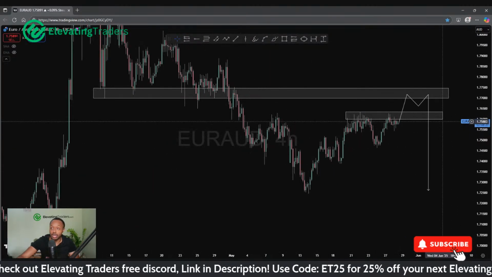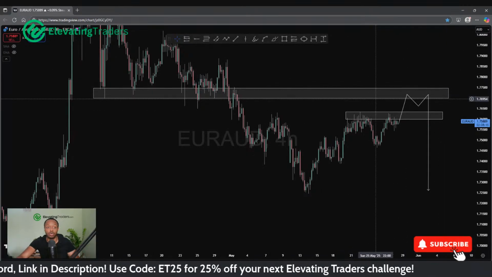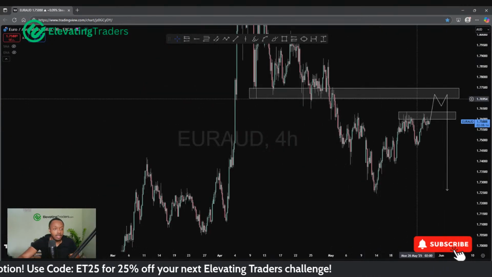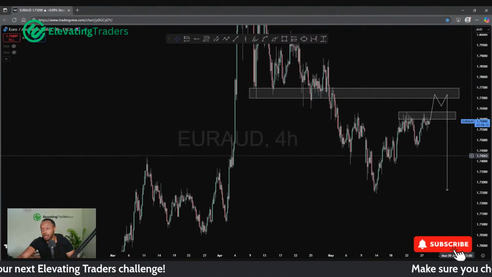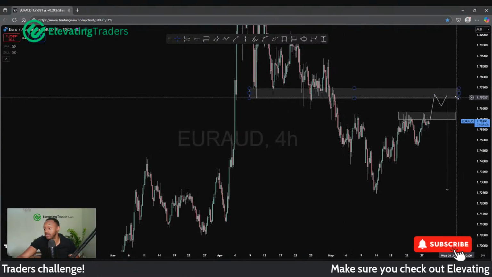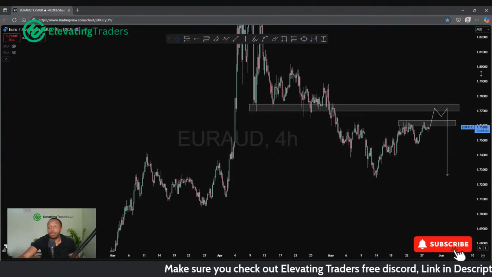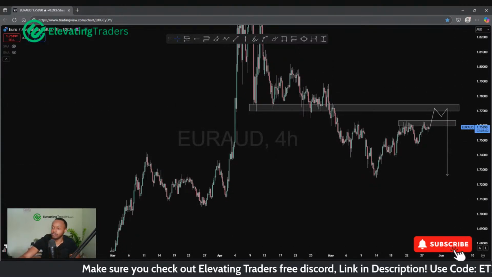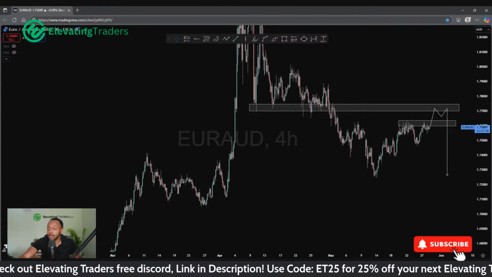So build a trading log of all your trades. If you're trading on MT4, you can just download your history. I'm sure cTrader has something similar to that. If not, just keep an Excel spreadsheet or even just a pen and paper of the trades you take. And that will be so important in terms of understanding where you can improve and where you're potentially going wrong.